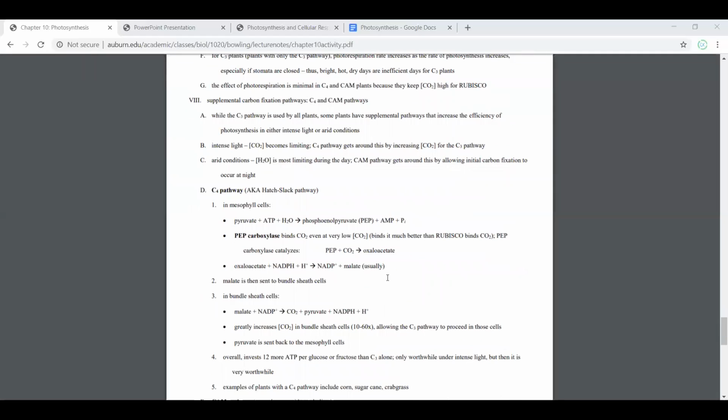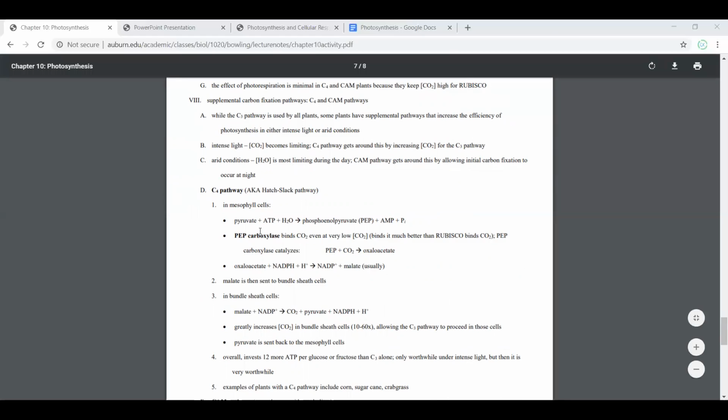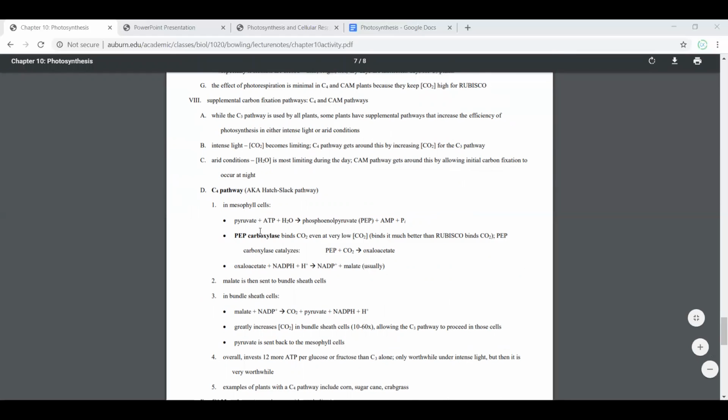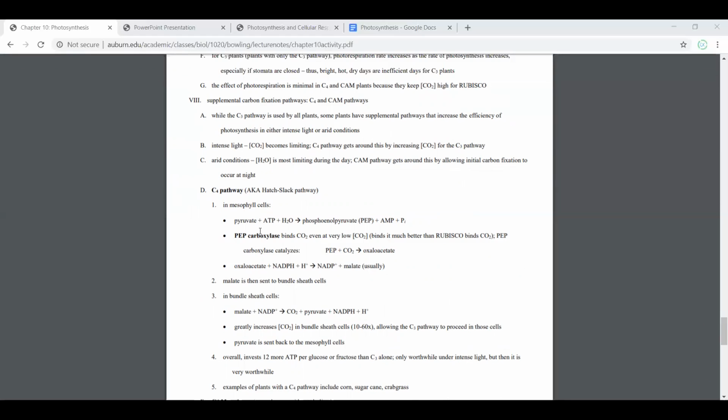If you remember what I said when we were talking about where photosynthesis takes place, I said it specifically takes place in the mesophyll cells. Now, this is true for the C3 plants, that carbon fixation and all of that takes place in the mesophyll cells.